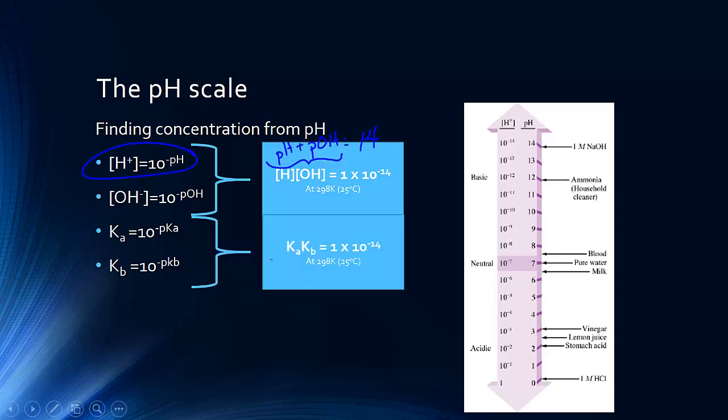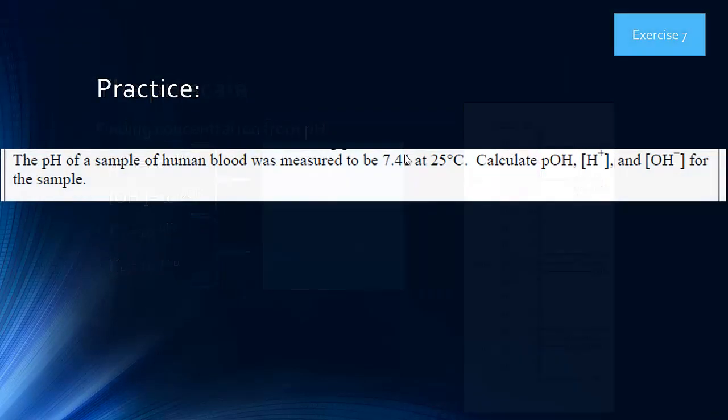This also means, though, that the pKw has to equal an acid's pKa plus its pKb. So these formulas, again, on your formula sheet, are great things to use in order to get one value if you know the other. So let's learn by doing in exercise 7 in your packet.